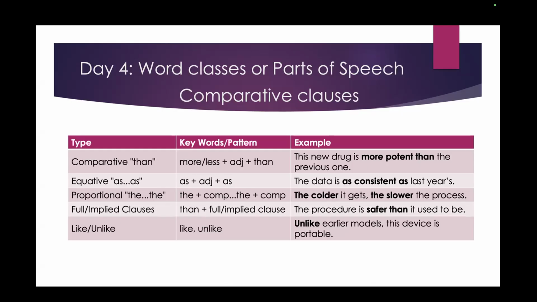So here you're comparing two different processes, two different actions, and how these two are related to each other. So how these are correlated. If you have a colder temperature, then the process will become slower. So there is a proportion there. There is a correlation between these two different clauses.